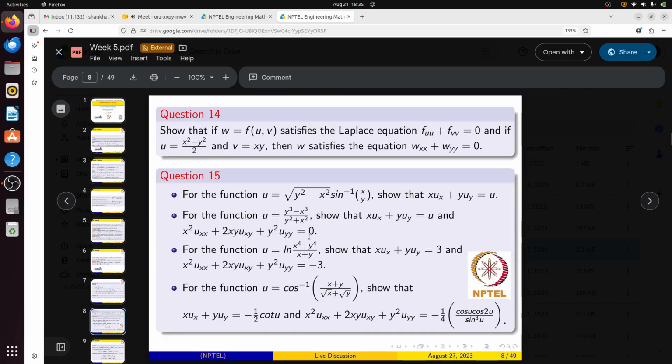Now there is one question, that if w equal to f of u comma v satisfies the Laplace equation, and if u equal to this and v equal to this, then w also satisfies Laplace equation.